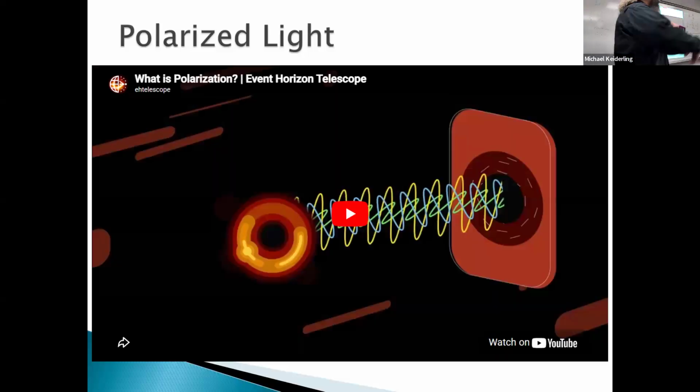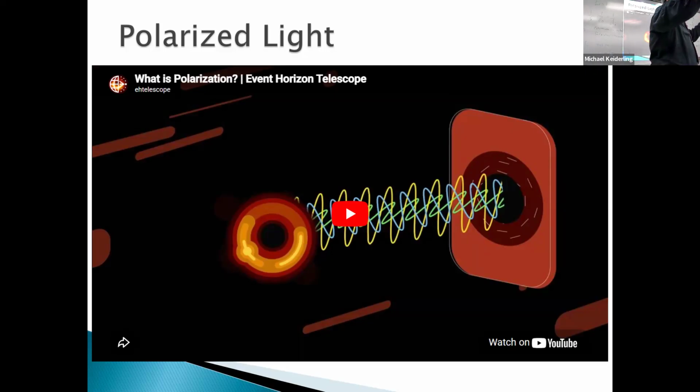Now, one of the interesting things about polarized light is, I have one that polarizes vertically and one that polarizes horizontally. If I cross them, you can see it blocks out all the light. If I cross them a little bit, it's dimmer. This effect is how liquid crystal displays work.